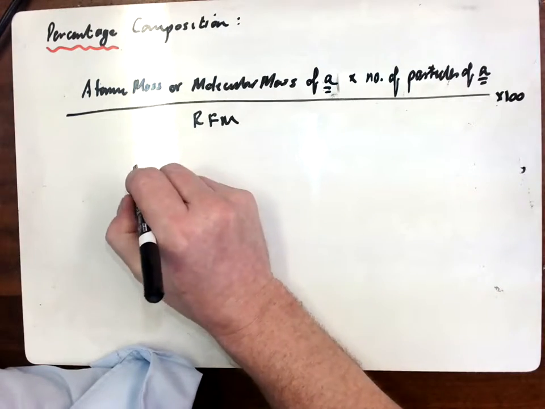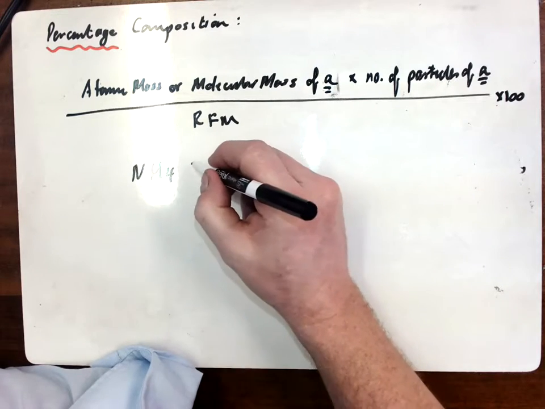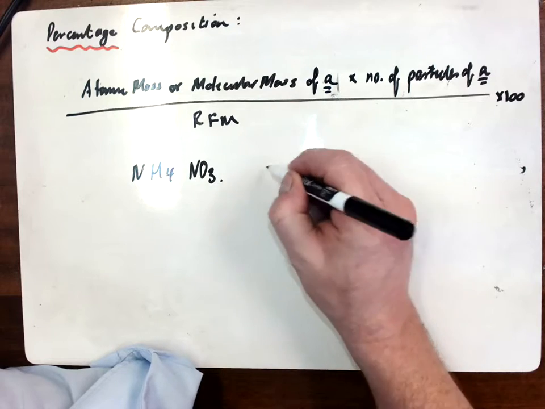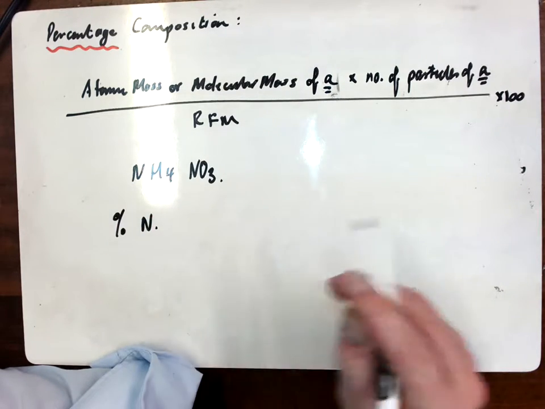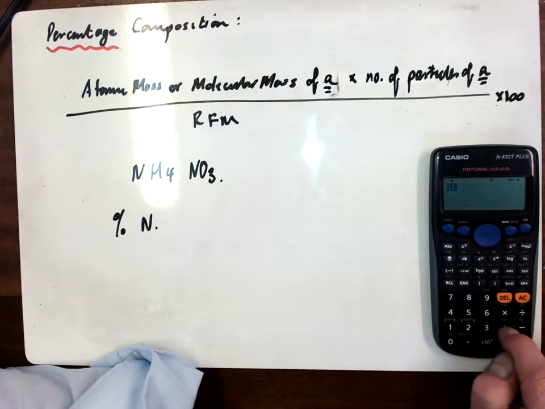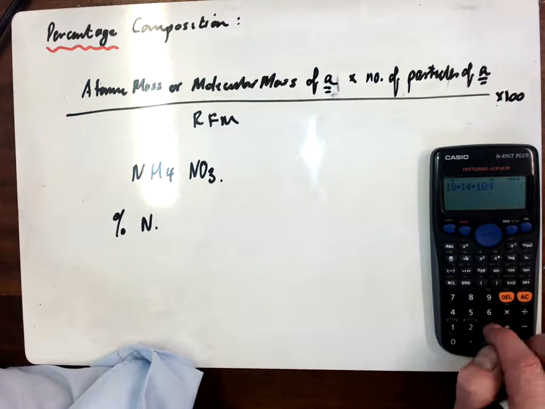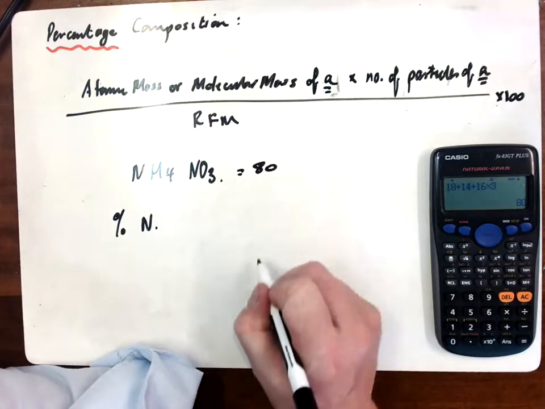Okay, do one more. We'll take this time ammonium nitrate, and we'll look for the percentage of nitrogen in there. We'll work out the RFM of ammonium nitrate first of all. The RFM is 80.